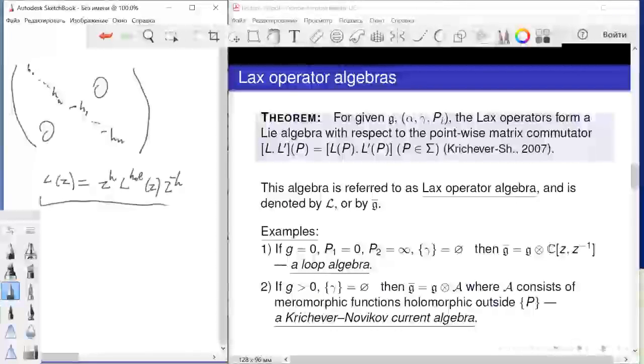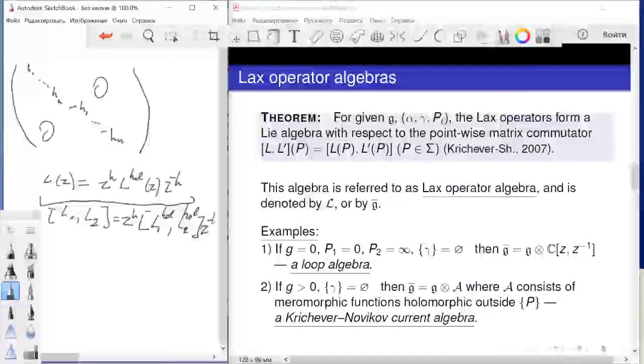This condition is preserved under the commutator of such two operators L1 and L2, because if we take the commutator, we have just Z to H, L1 holomorphic, L2 holomorphic, and everything else, and this operator also satisfies this requirement.